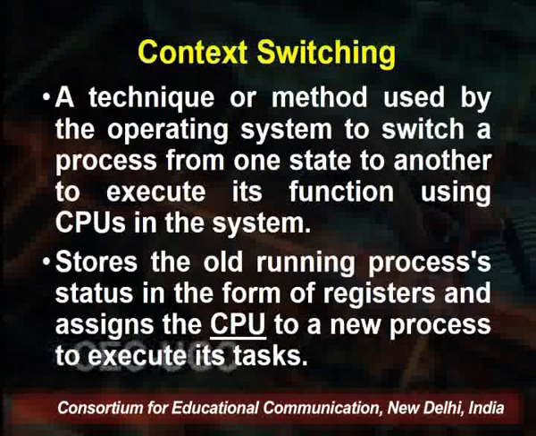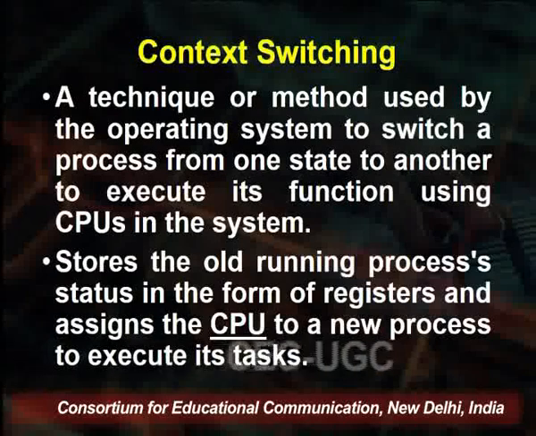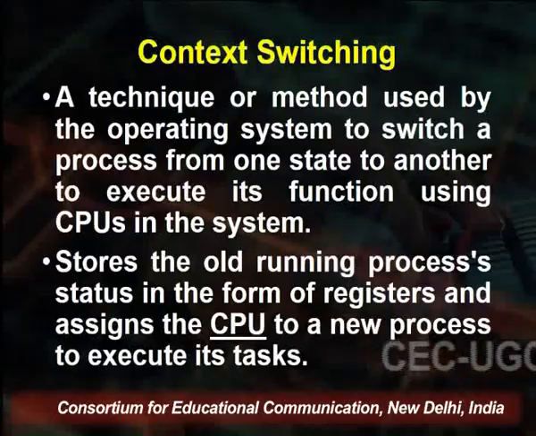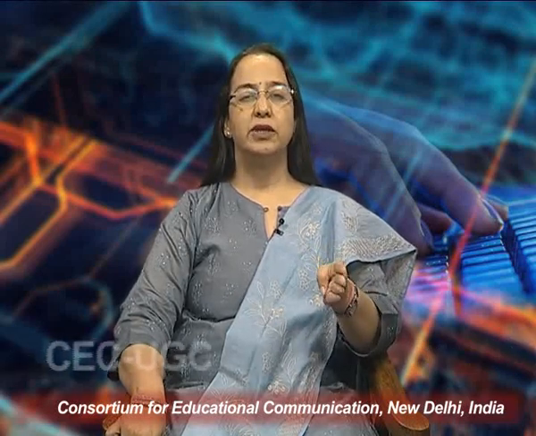For example, whenever the CPU is going to change a process, let us say from process number 1 to process number 2, it is going to store the status of process number 1 up to the point where that process has been executed.